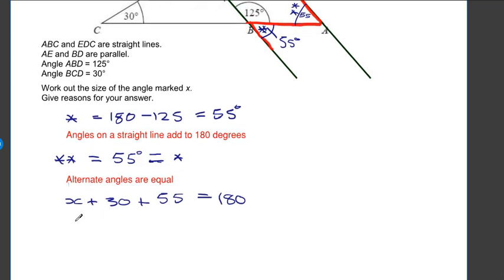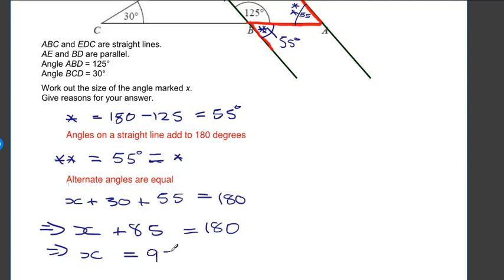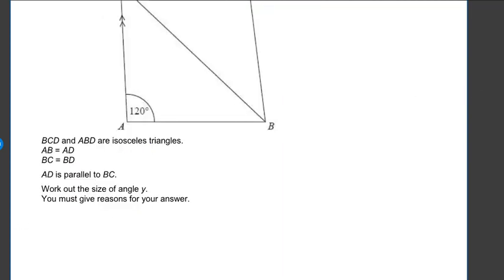That implies x plus 85 equals 180. That implies x equals 180 minus 85. Well, 180 minus 80 is 100, and then you have to take away another 5. So it's 95. Done.